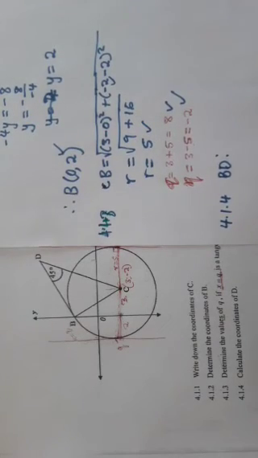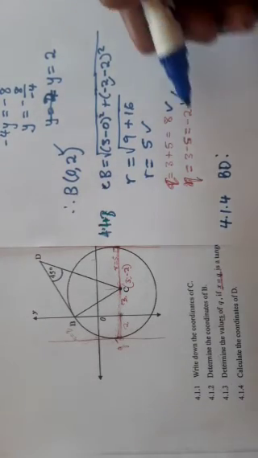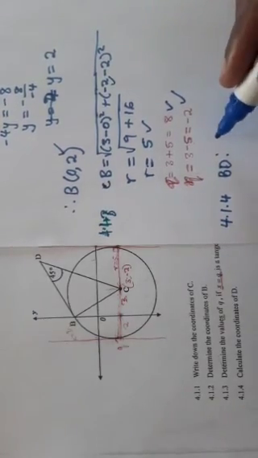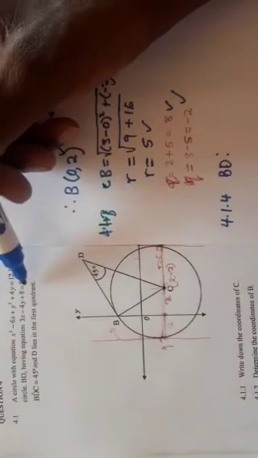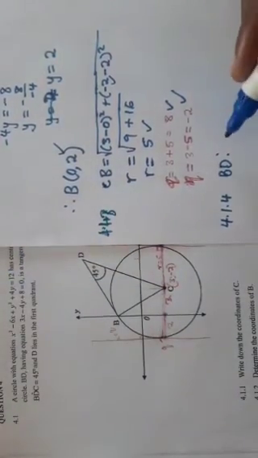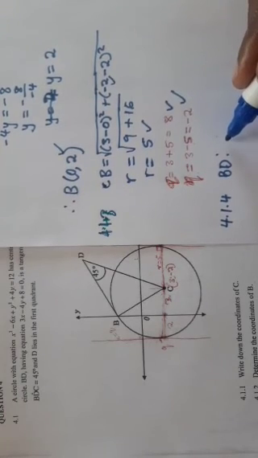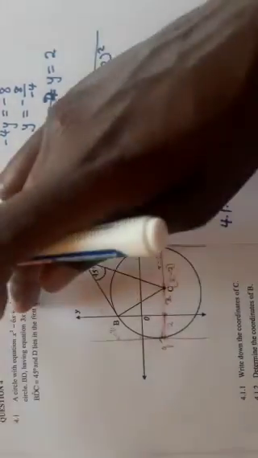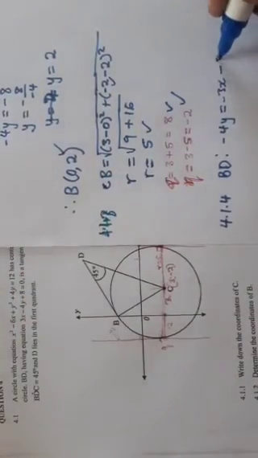Equation, normally y equals, especially for a straight line. So we need to convert this into the form of y. We can have minus 4y equals minus 3x, then minus 8.